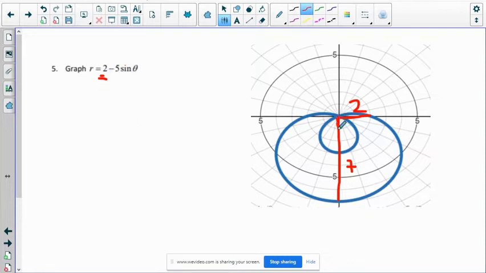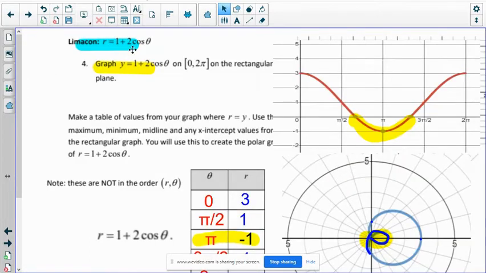Similarly, the length of the loop is 3. Hopefully I'm making it obvious how I could get those numbers rather quickly. But I also hope you're questioning, is there always going to be a loop? I want you to notice that this is 1 and then 2.